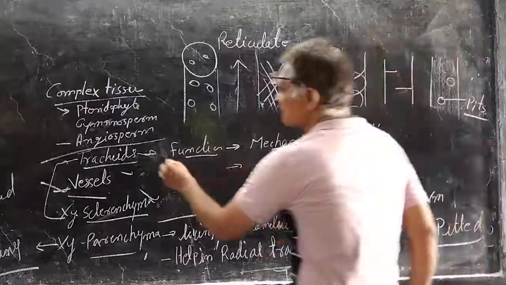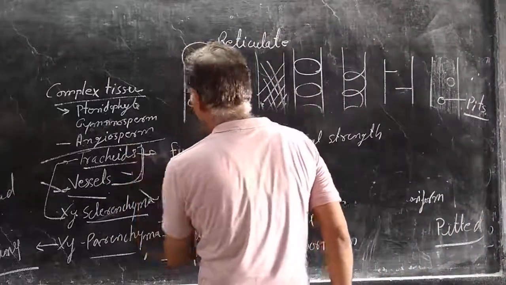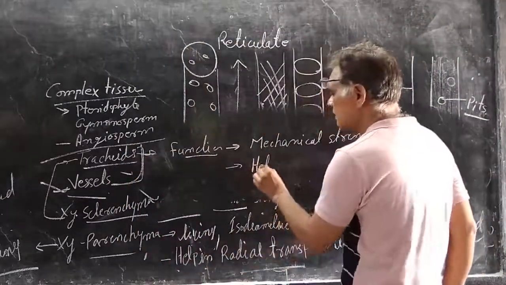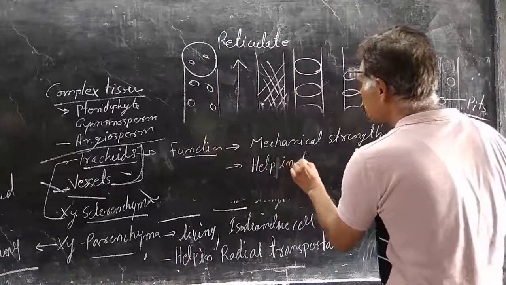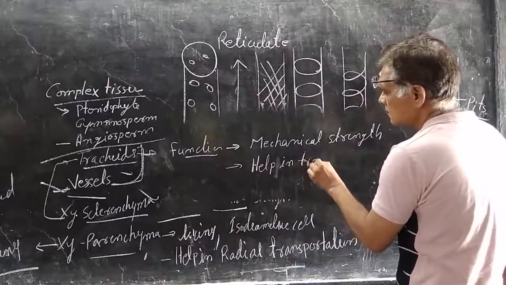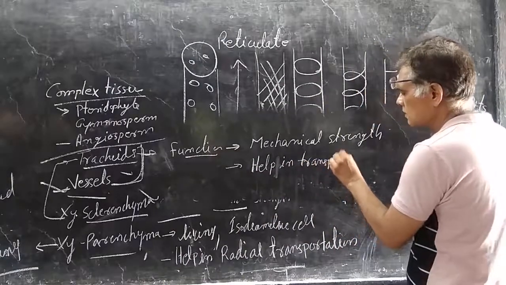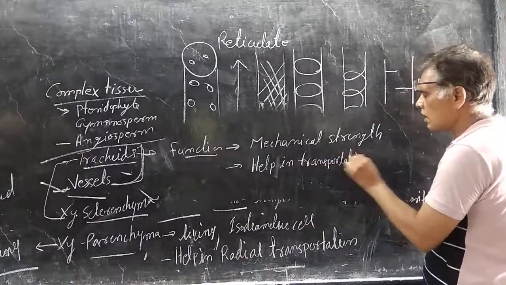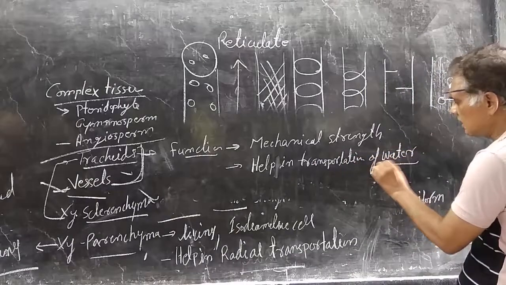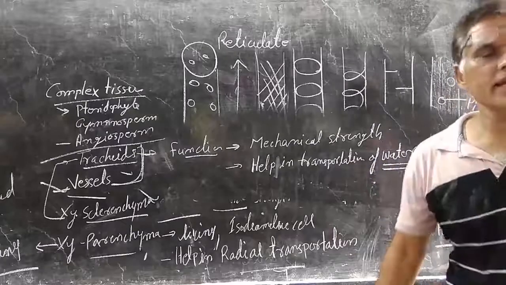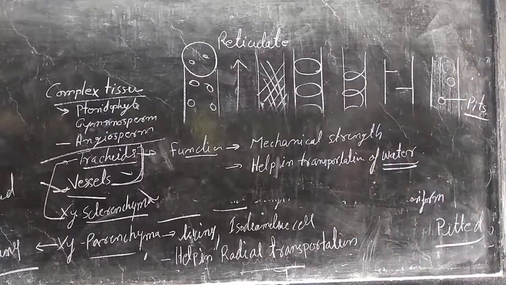Tracheids and vessels help in the transportation of water. The main function of the xylem tissue, especially tracheids and vessels, is the transportation of water from root to different parts of the plant.